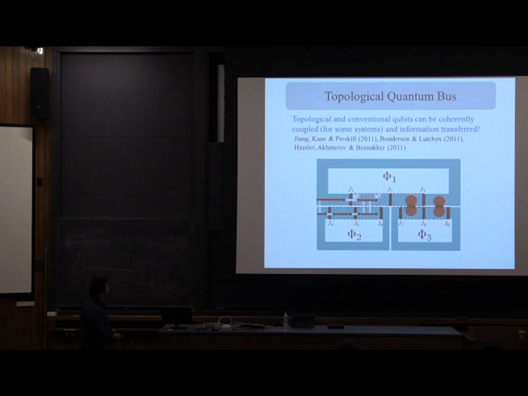In particular, one can design a protocol where we first start with some state in this flux qubit, do a projective measurement, then shuttle information here, then couple the topological and non-topological qubit, and again do another projective measurement and teleport information from this end to the other end. I think this is one way of making quantum computing with these Ising anyon Majorana quasi-particles universal.